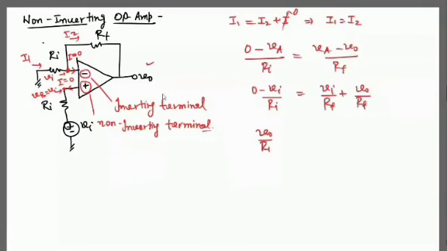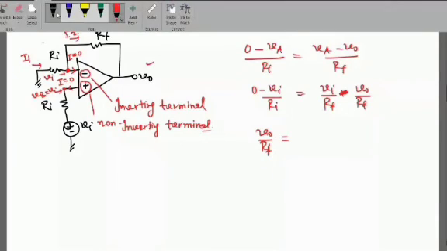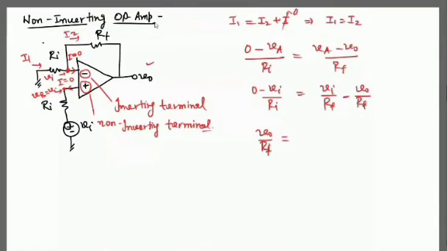So here V naught over Rf equals... this is minus sign, so it will be plus, and it will be Vi times 1 upon Ri plus 1 upon Rf.